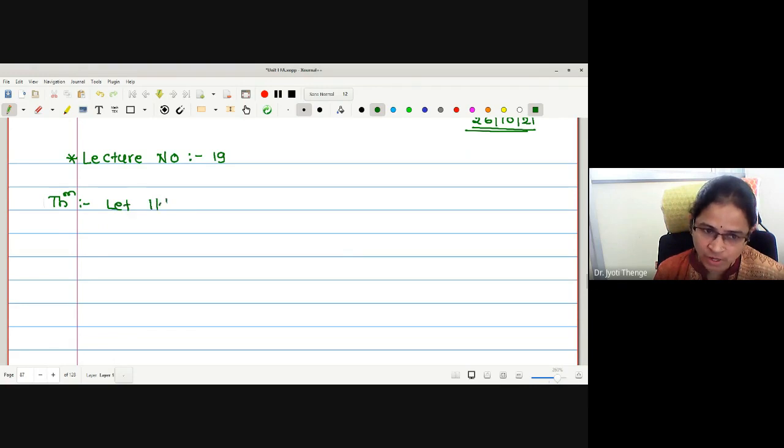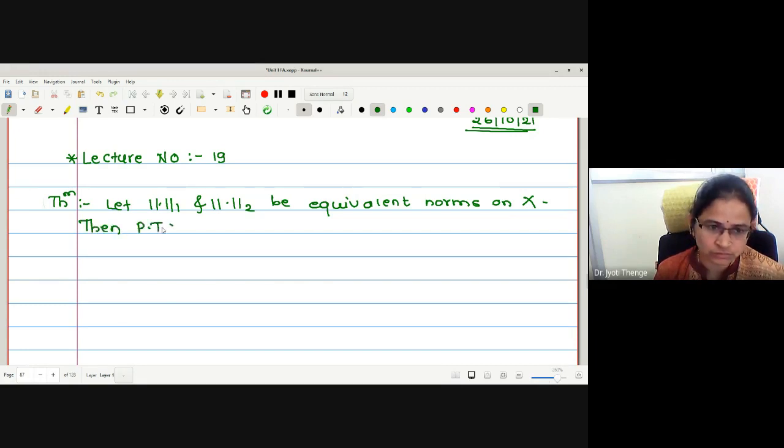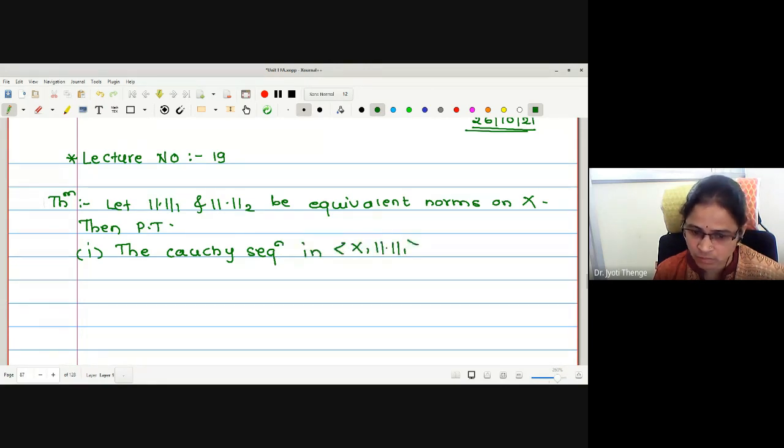Let norm 1 and norm 2 be equivalent norms on a linear space X. Then prove that: first, the Cauchy sequences in (X, norm 1) and (X, norm 2) are the same.